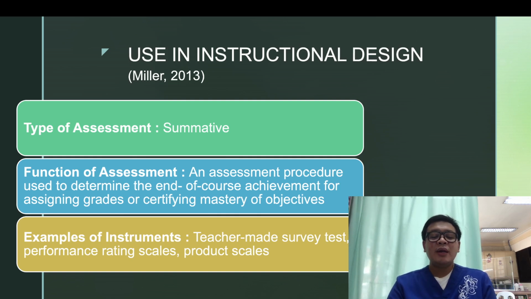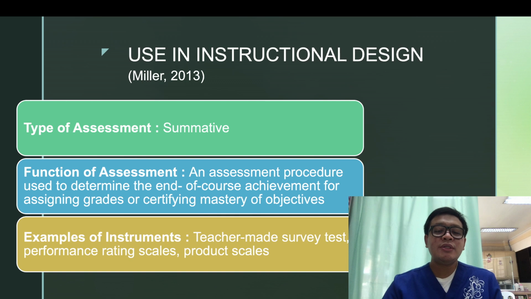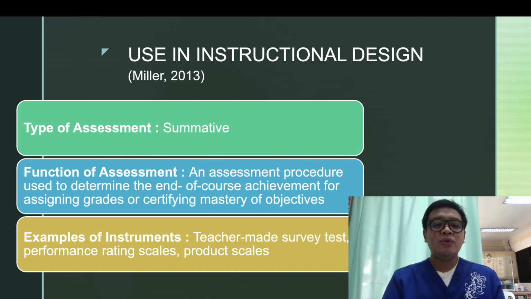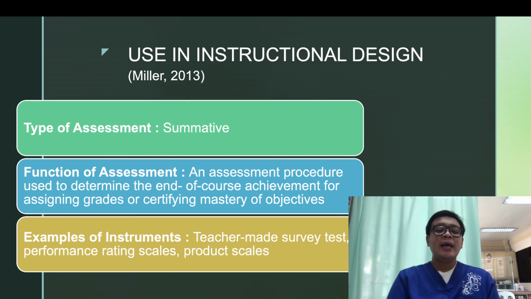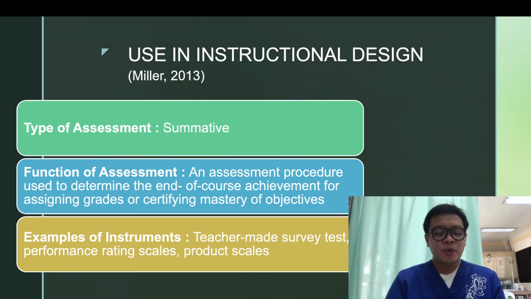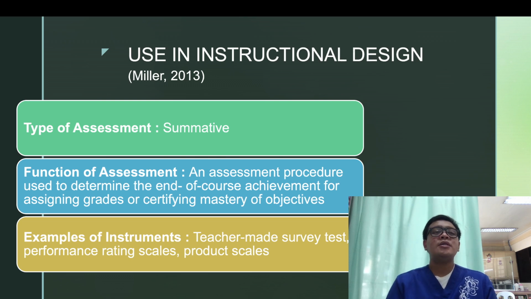And the last one is the summative, which is used in instructional design according to Miller 2013. Its function of assessment is a procedure used to determine the end-of-course achievement for assigning grades or certifying mastery of objectives. So a very good example of instruments are teacher-made survey tests, performance rating scale.